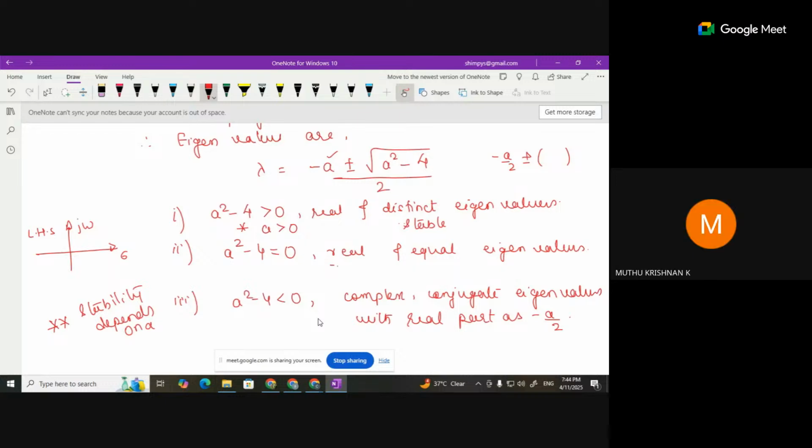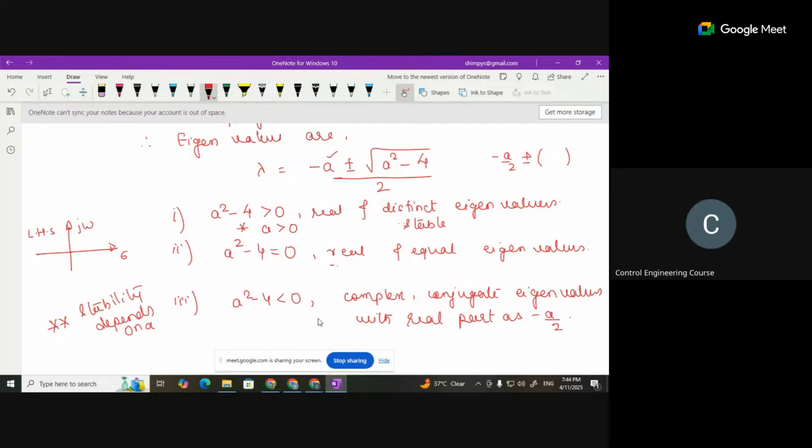Ma'am, here the second one and third one, it will always be stable, right, if A is positive? In the second and third case, always stable.